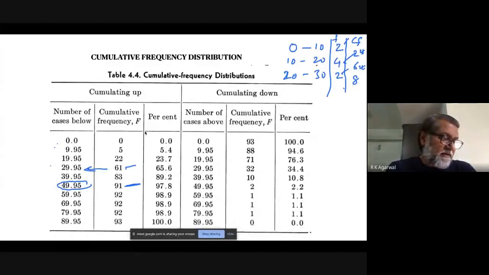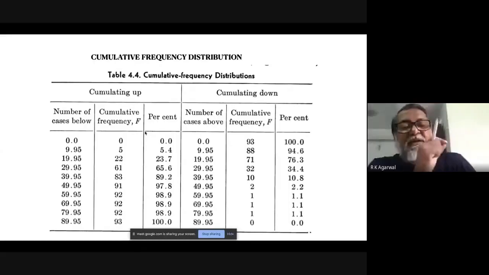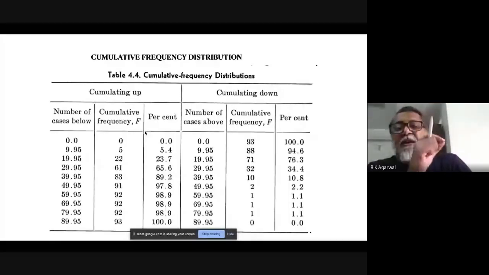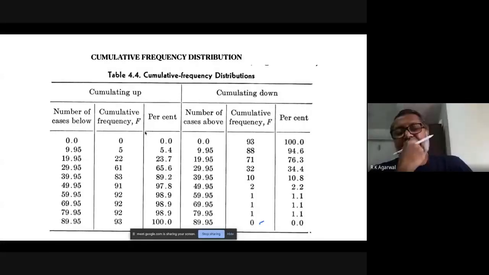So this is the cumulative frequency calculated up. So you cumulate it up, you start with the lowest class. But when you cumulate it down, you start with the highest class. Are you getting what I'm saying?